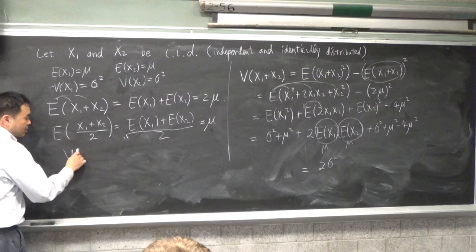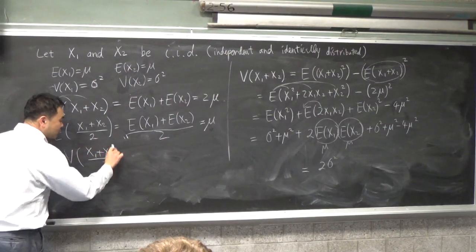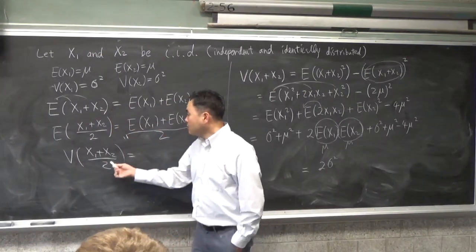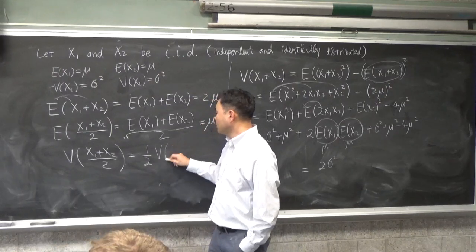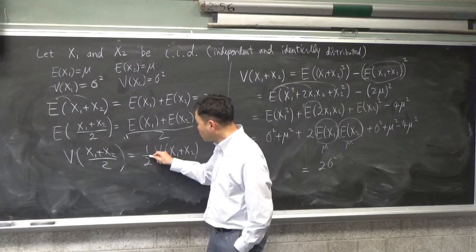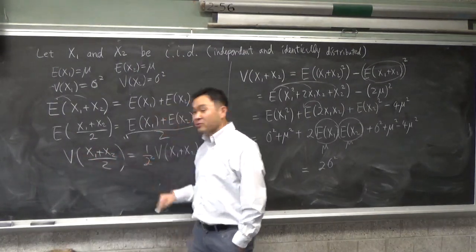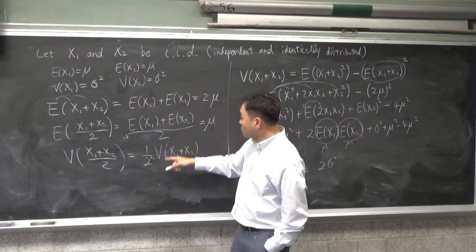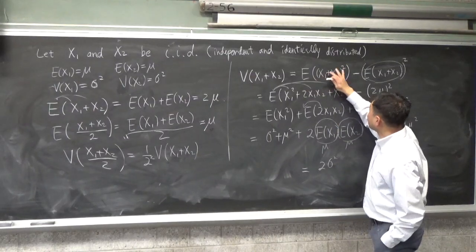If you have V of (x1 plus x2) divided by 2, then this 2 comes in front. Whatever constant multiple you have comes out as a squared, because the formula has a square in there.